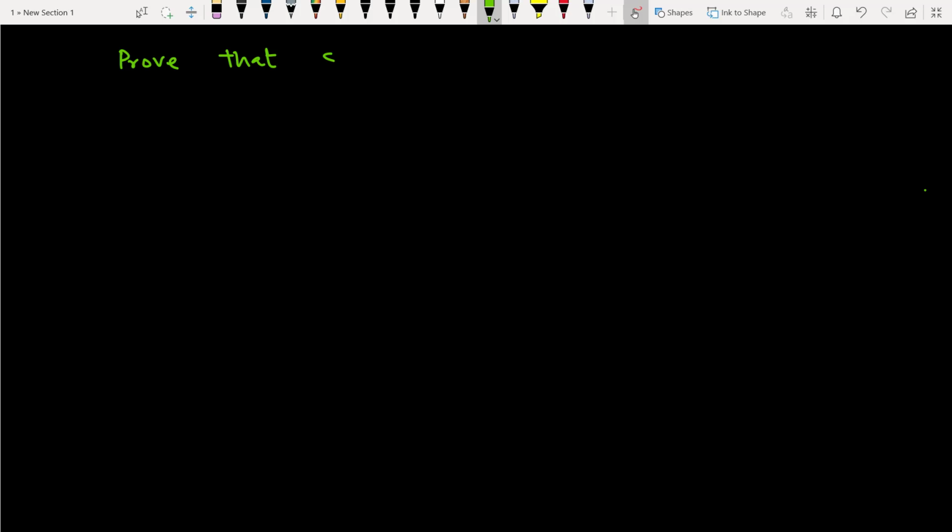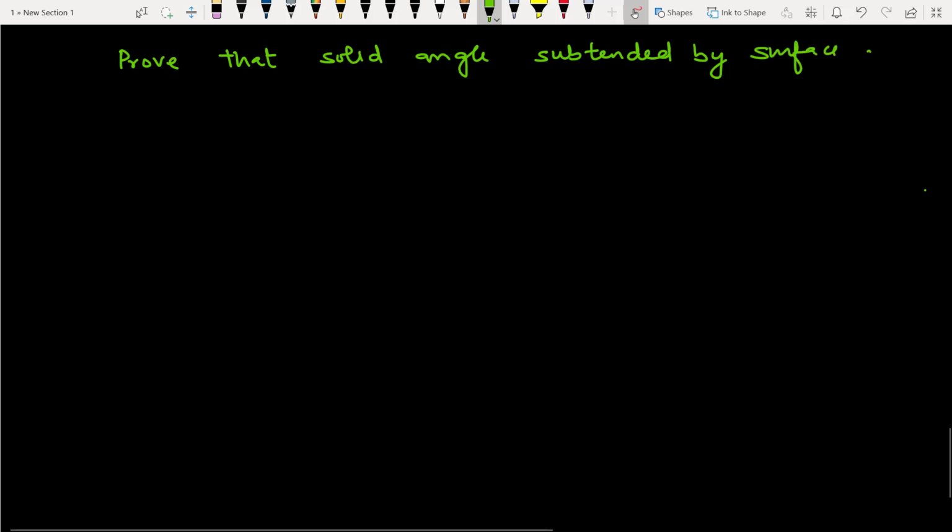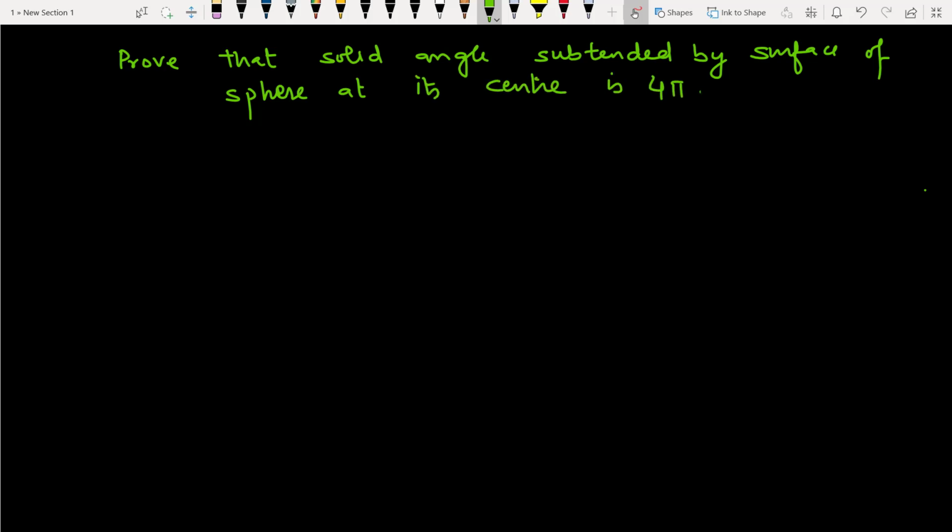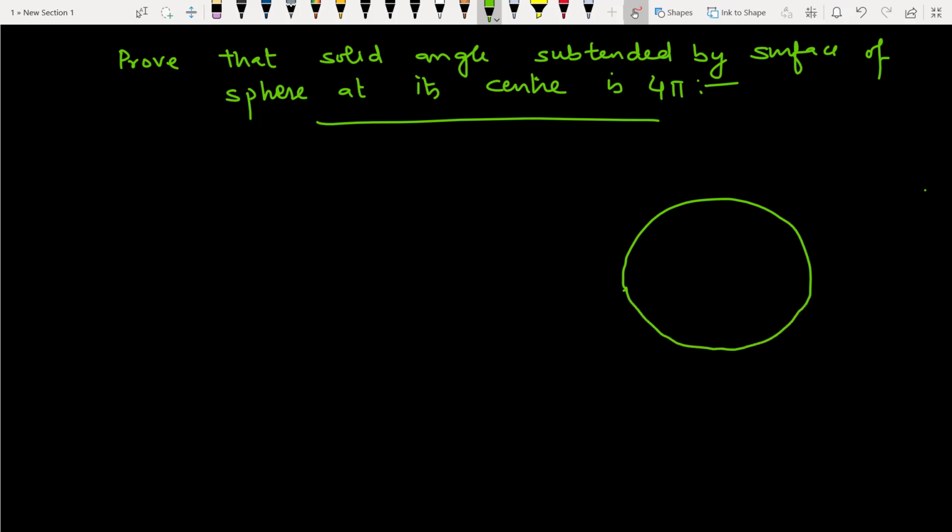Solid angle subtended by the surface of a sphere at its center is 4 pi. Suppose we have a sphere. This is the center of the sphere.